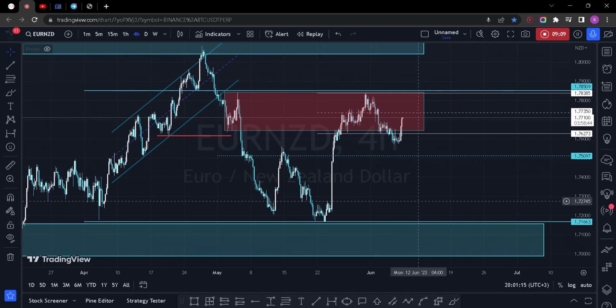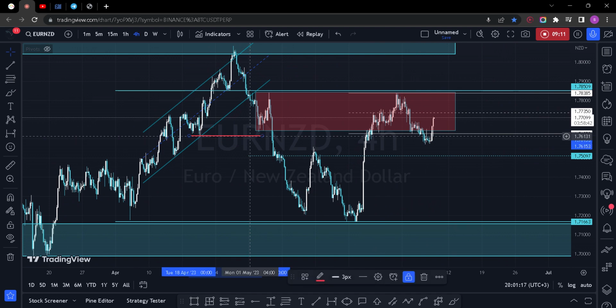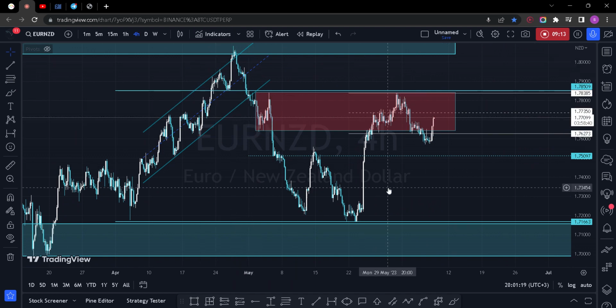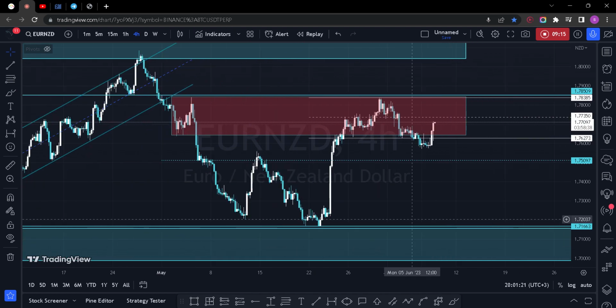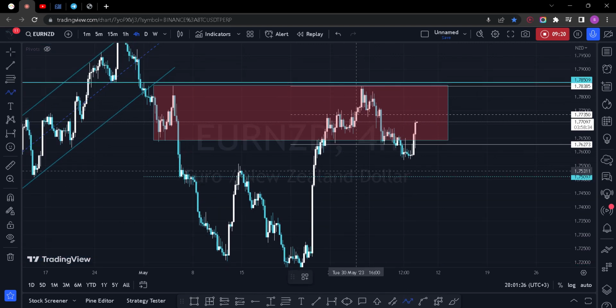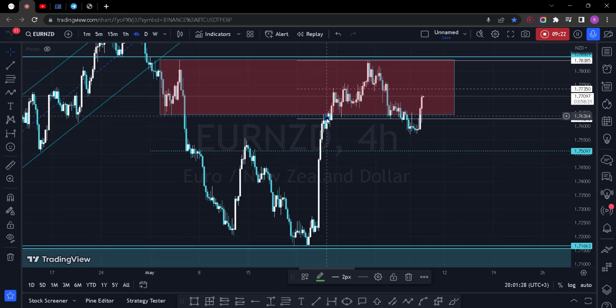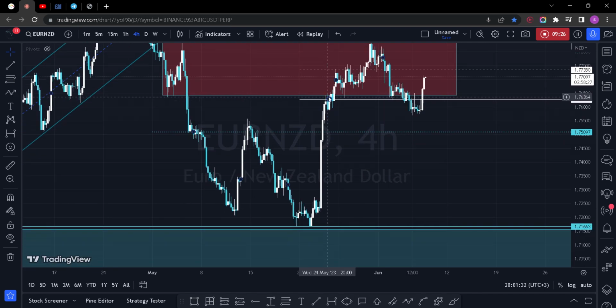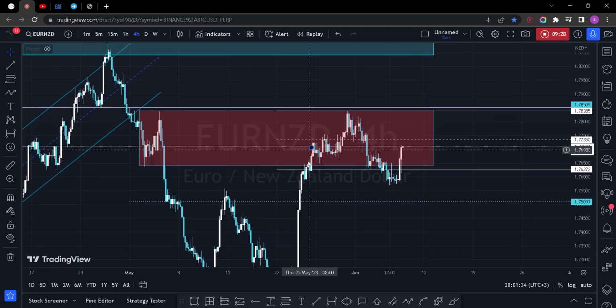an entry, and just using the same schematic I've used here, this is what I observed. So as you can see right here, we have such price action.